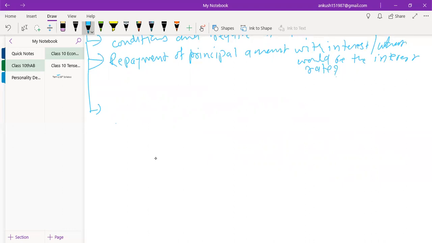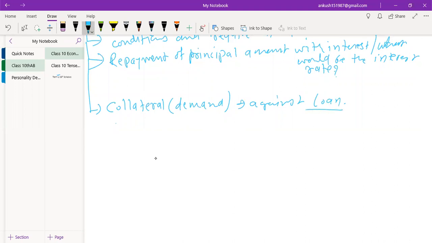So the demand for collateral can be put by the lender towards the borrower against the loan amount.